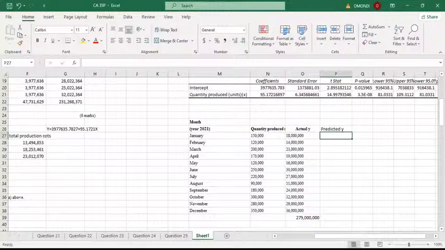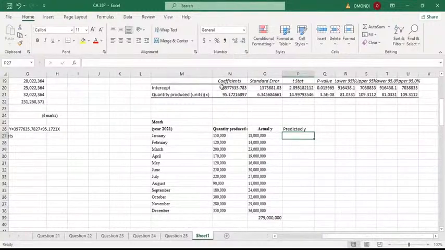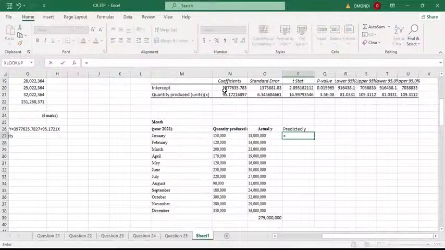So predicted y, the examiner is simply telling us to use the variable cost per unit and the fixed cost to come up with the predicted y, which is equal to our fixed costs plus variable cost per unit, then I multiply by the units produced.